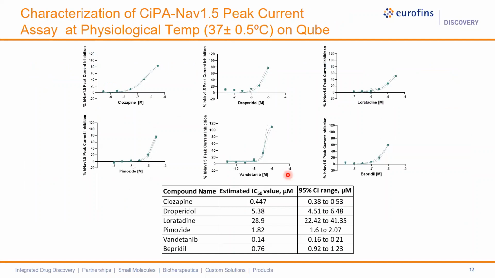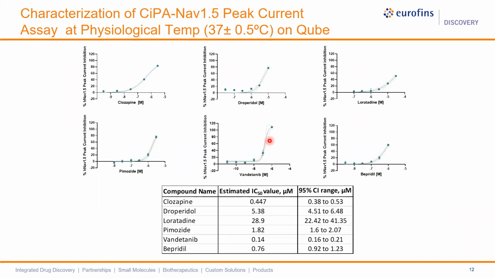And we have tested all CiPA 28 compounds on this at room temperature, as well as at the physiological temperature. And for the sake of time and clarity, I'm just showing only a few compounds, some data for some of the compounds here.